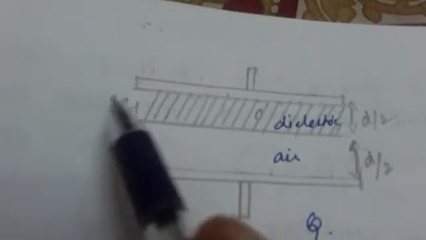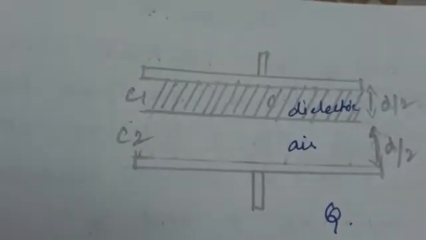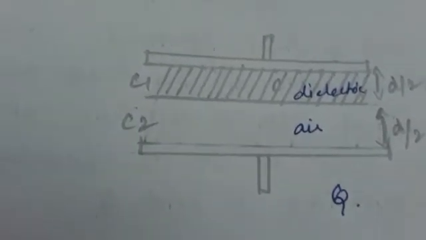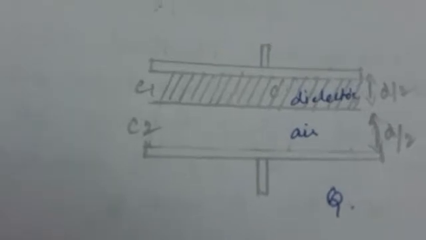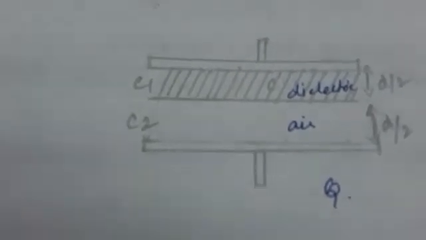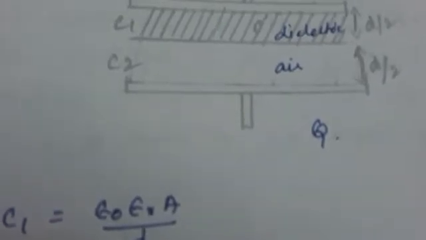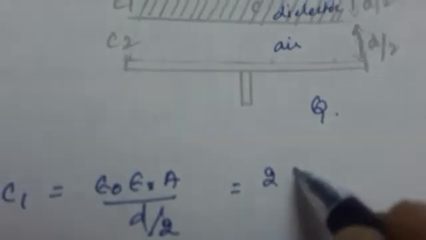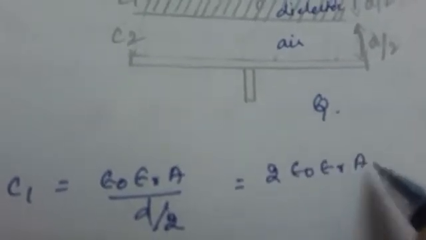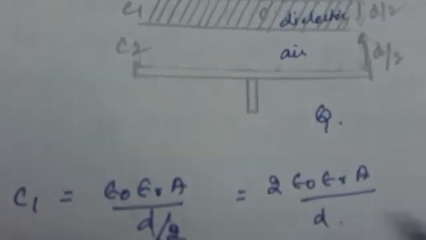The capacitance here with dielectric is C1. So I can write C1 is epsilon 0 epsilon R A by D, and D is D by 2, so this can be written as 2 epsilon 0 epsilon R A by D.